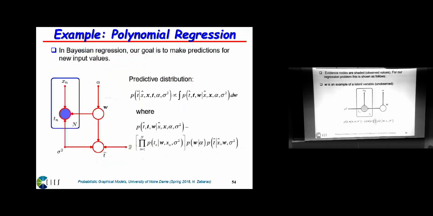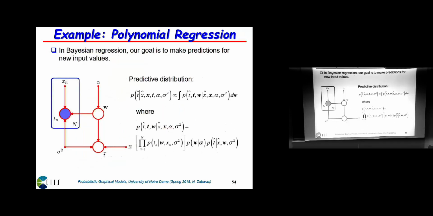So if you want to add things for prediction, so if you want, let's say, not only to train the model, but also to be able, for a new x, to predict what the value of the function is, t hat, this is the whole diagram that includes the joint probability distribution of everything. So the distribution of w, the t data that you gave, but also the prediction t that you want to do at the point x. And you notice it contains the unnormalized posterior, which is the prior times the likelihood.